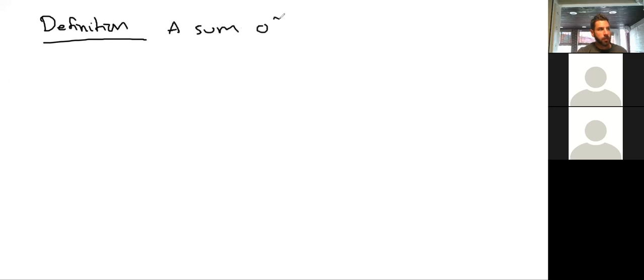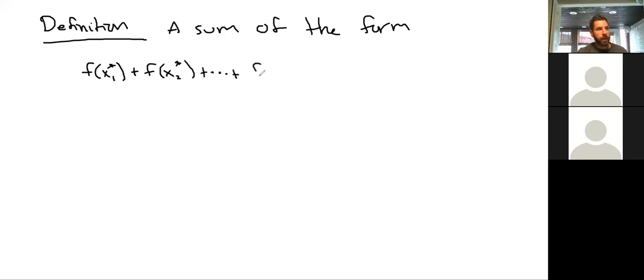A sum of the form f evaluated at x sub 1 star plus f evaluated at x sub 2 star, all the way out to f evaluated at x sub n star.